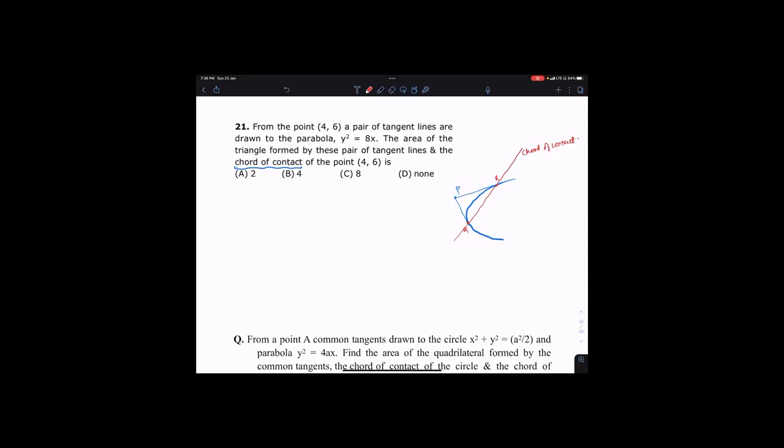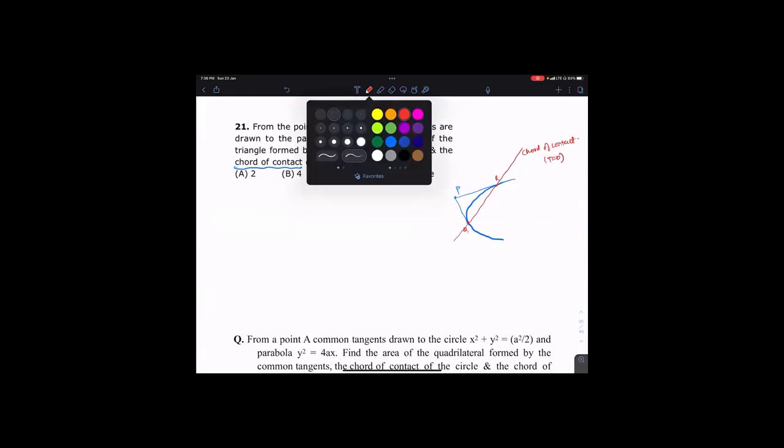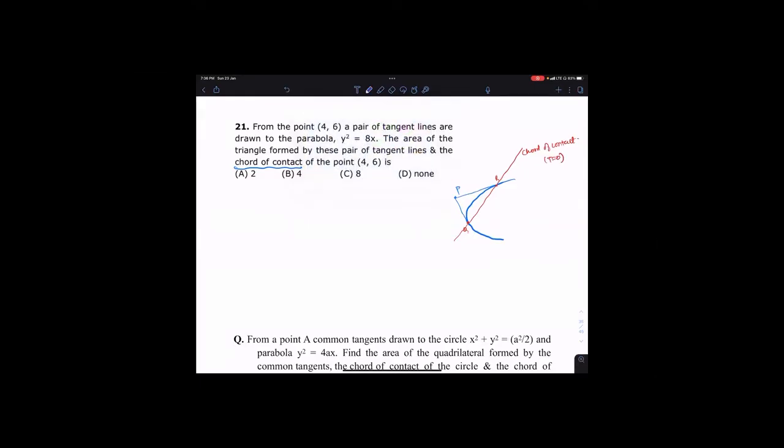Now, how do you write the equation of the chord of contact? Same, T equal to 0. You may say, sir, this looks familiar, T equal to 0. Where did we use this T equal to 0 previously? If I give you a point on the parabola and I want the equation of tangent at that point, it is also T equal to 0.